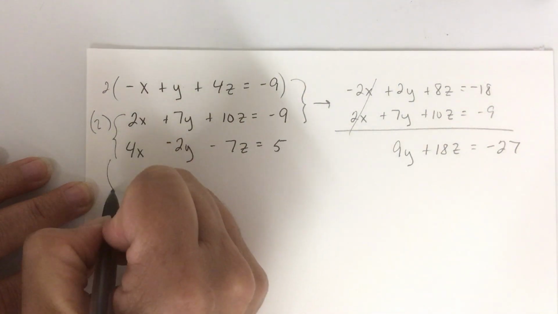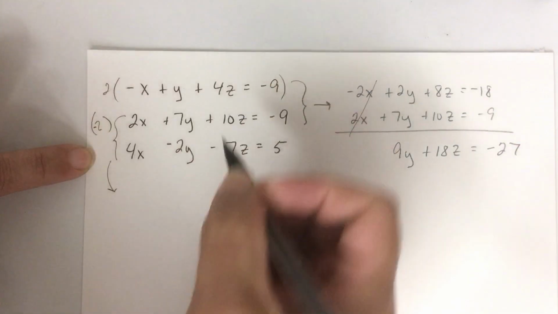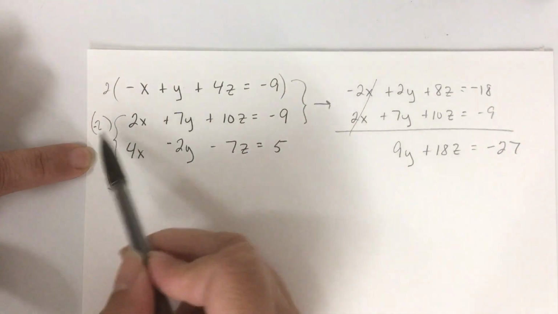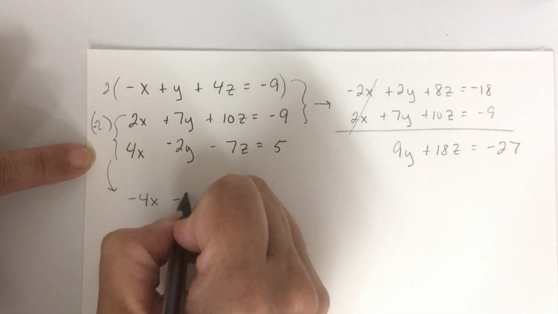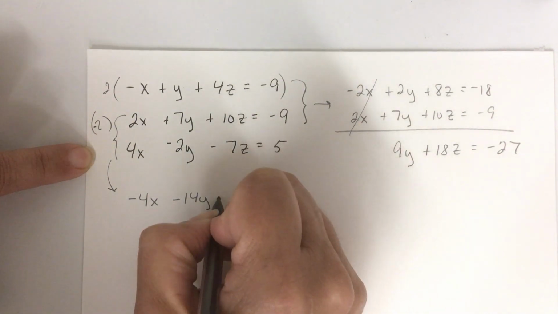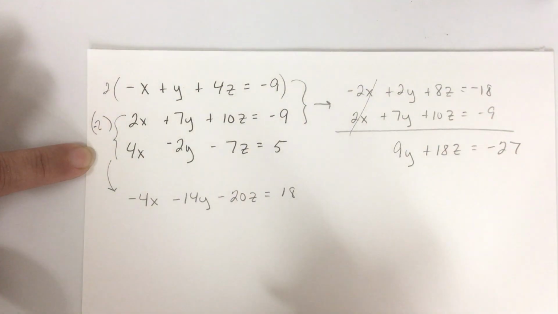So these 2 equations are going to come down here. I'm going to multiply this by a -2 because I've got a +4. That's going to give me -4x minus 14y minus 20z equals +18.